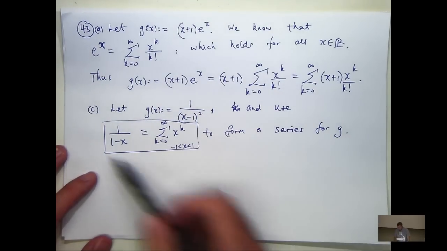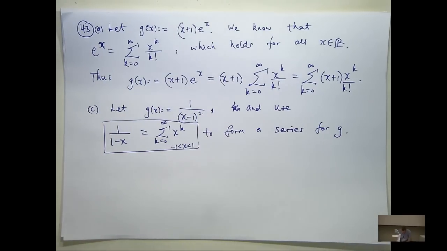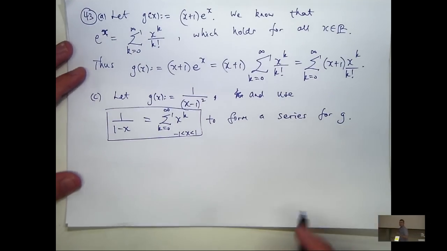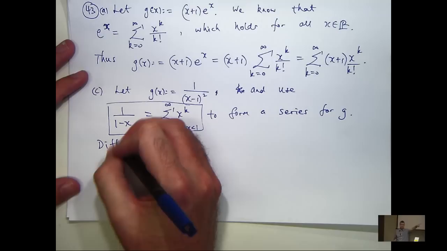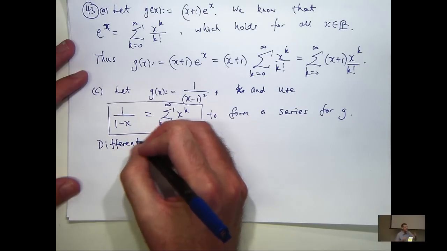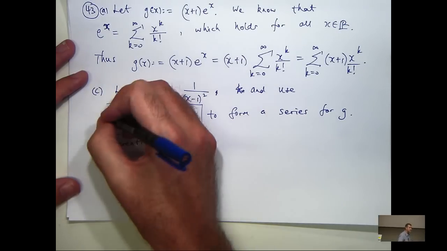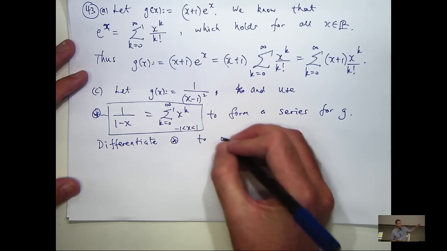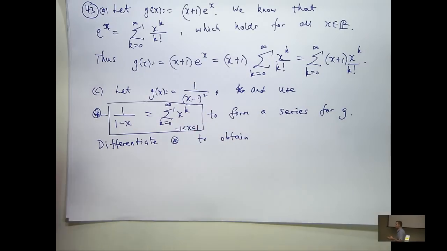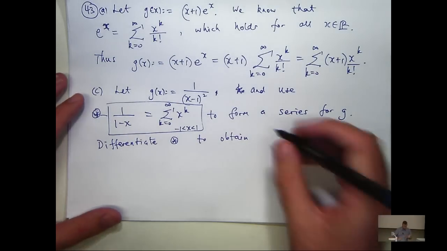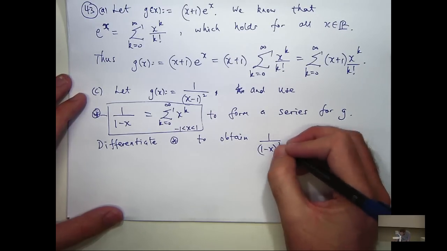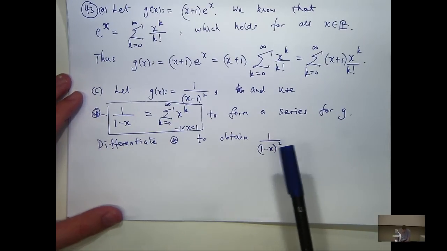All right, so any ideas how we can form the series for g from this boxed series? Differentiate, right. So let's call this, you guessed it, star. On the left-hand side, we're going to get something like 1 minus x all squared.